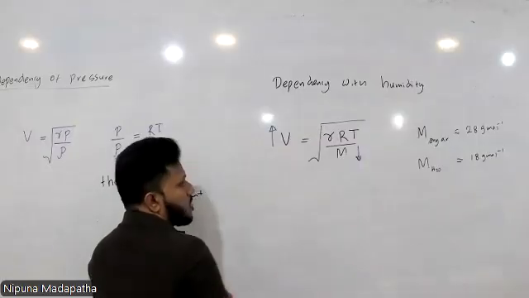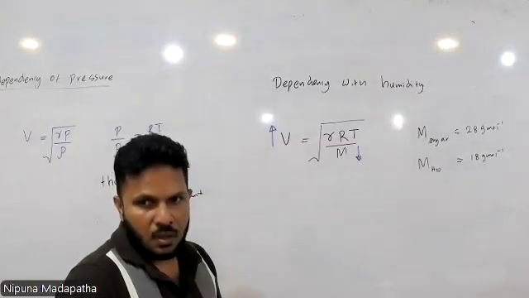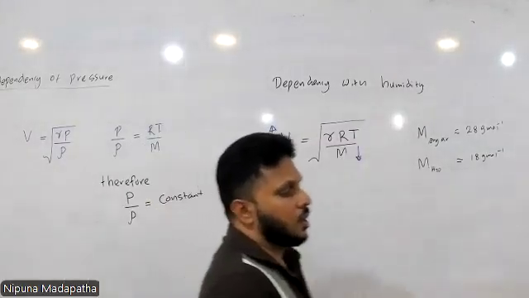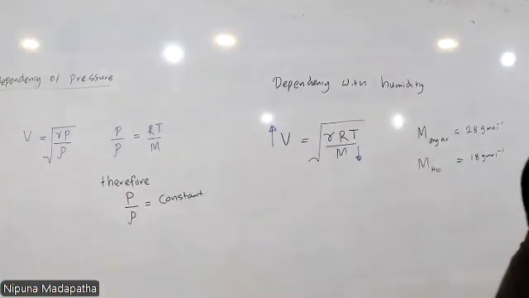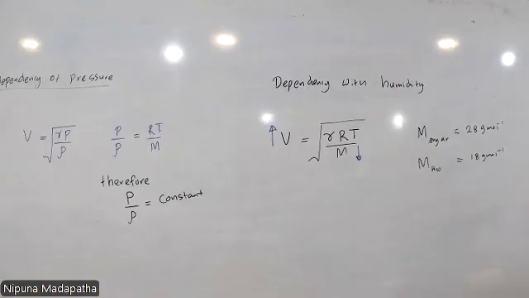It increases. If the humidity is high, the mean molar mass of the air reduces. That will result in an increase of the speed of sound in air.